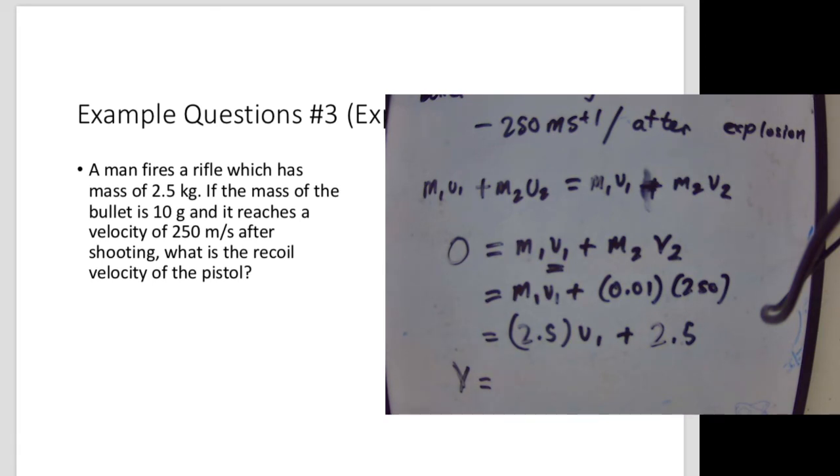Since both objects are moving in different directions, there will be a negative somewhere. The question is, where is the negative?